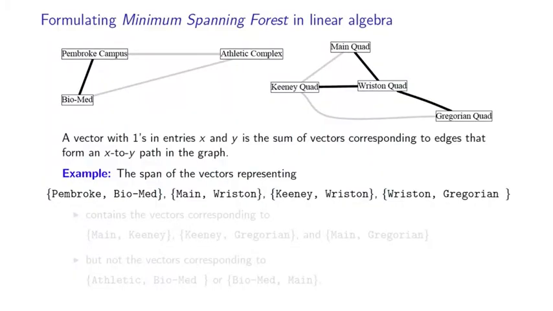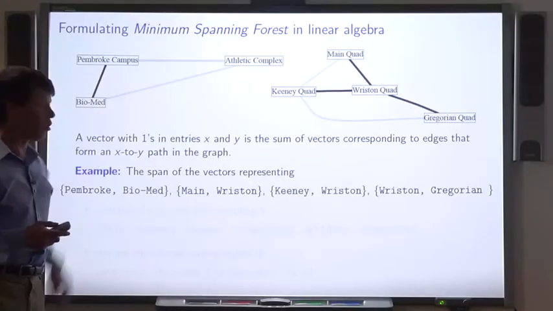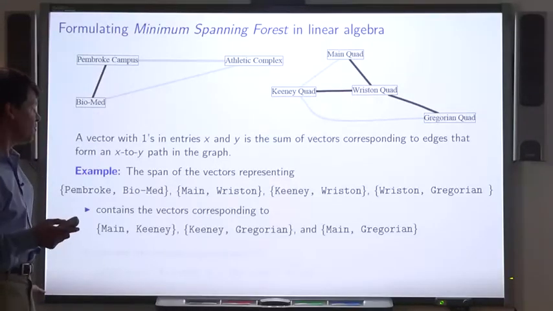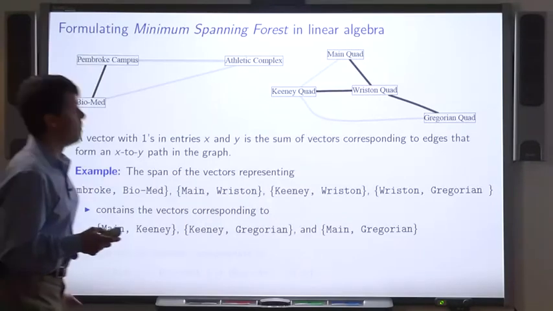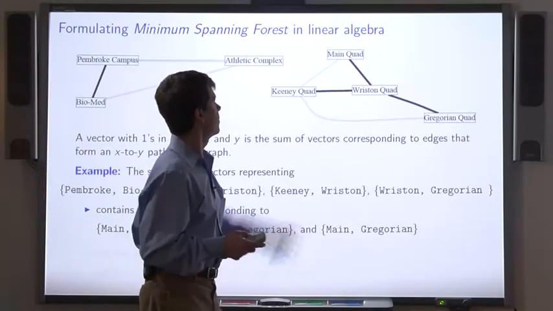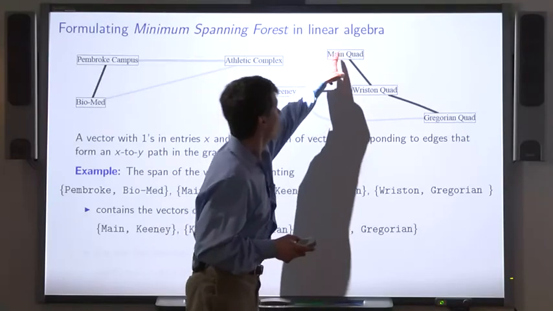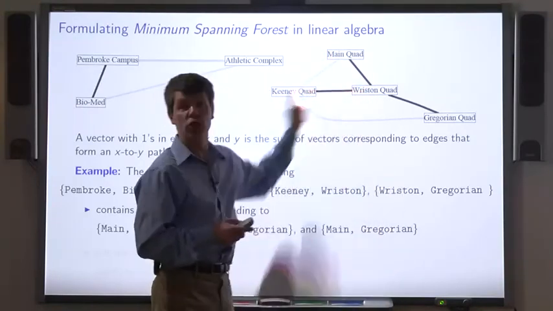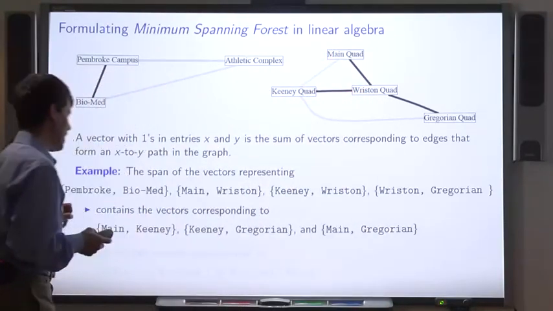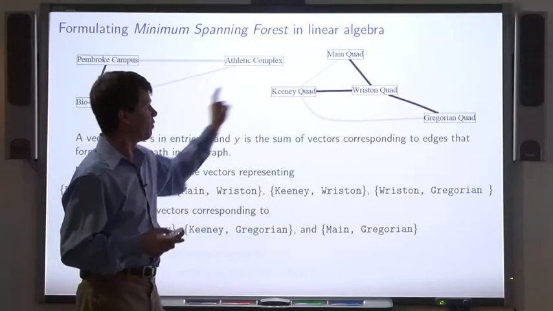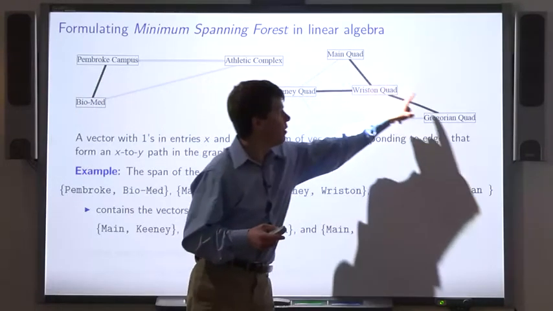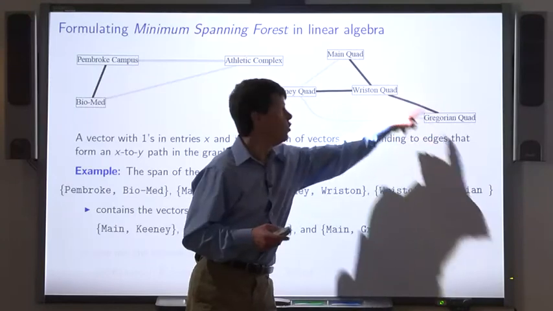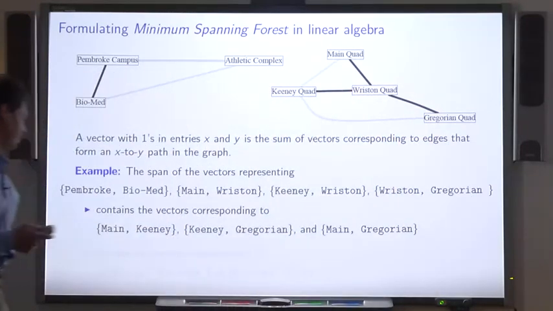So here's another example. Each of these sets represents one of the edges, shown in dark here. The span of the corresponding vectors contains, for example, the vector Main-Keeney, because there's a path from Main to Keeney using those dark edges. It contains the vector Keeney-Gregorian, because there's a path from Keeney to Gregorian using those edges.